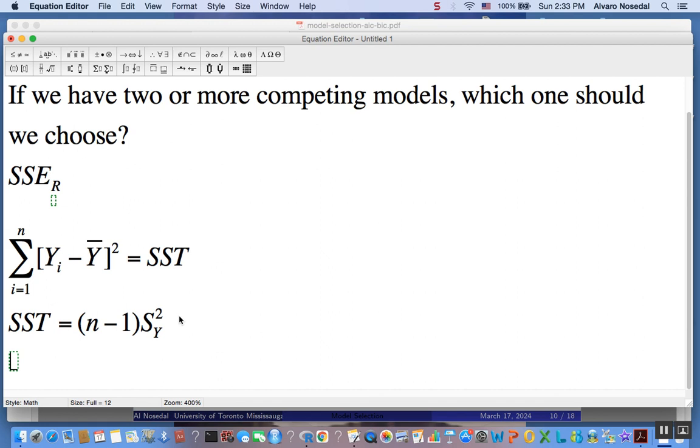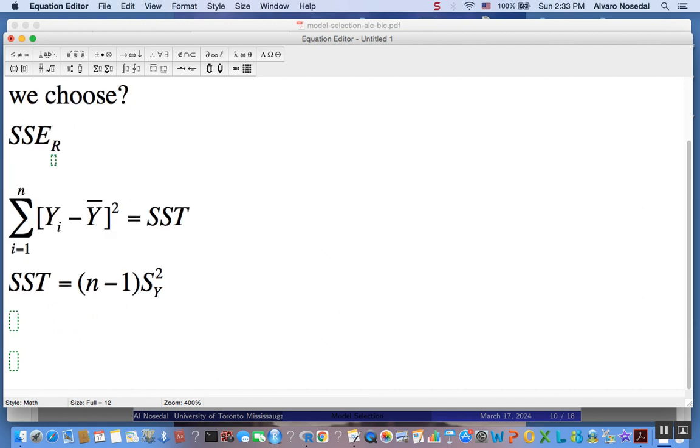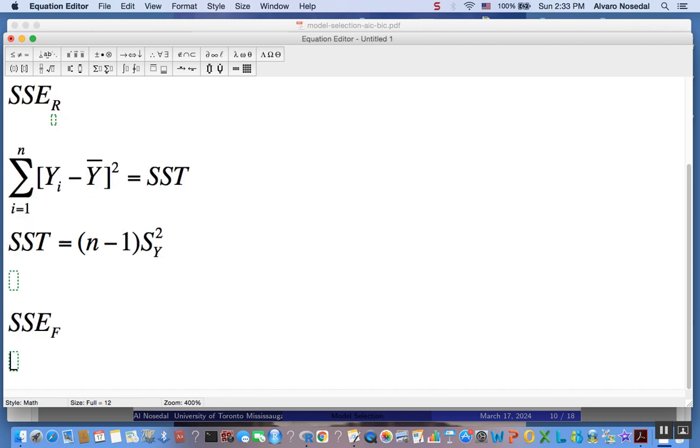Now let's talk about the sum of squares for the full model. Remember that the full model contains both parameters, by which I mean the y-intercept and the slope. Let me remind you that the sum of squares for the full model will be given by this quantity.